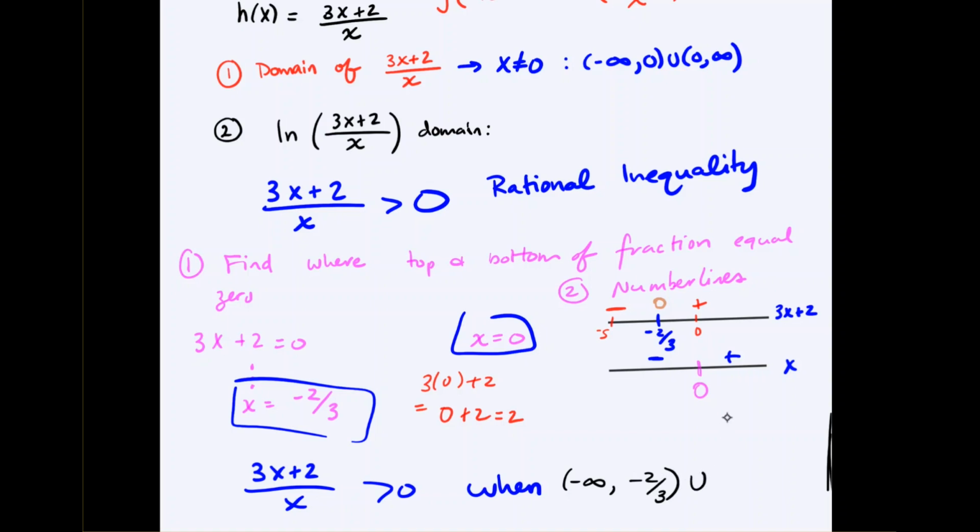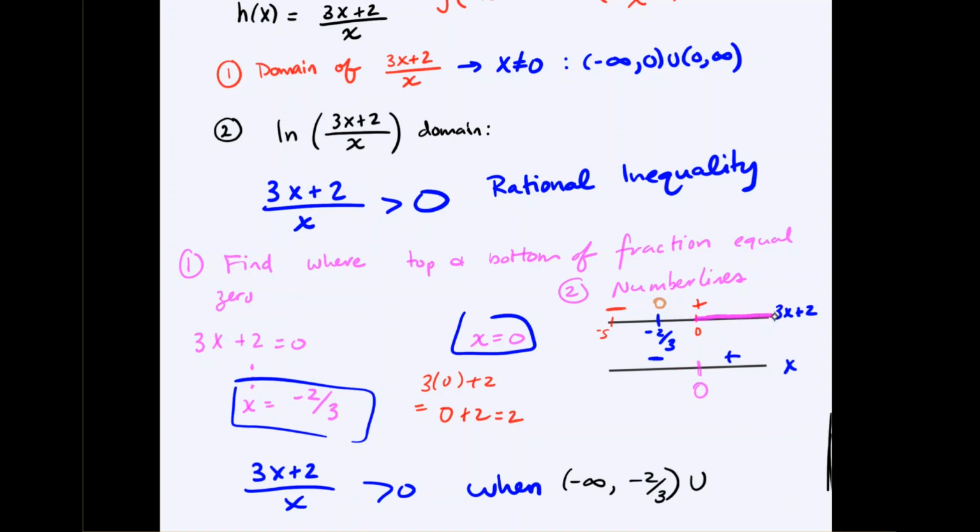Union, okay? Now we do not want to be between negative 2/3 and 0, because for 3x plus 2 that would give you a positive value, but a negative value for the denominator. Positive divided by negative is still negative. So that moves us on to past 0.